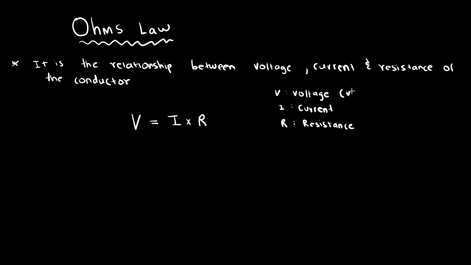The voltage is measured in volts, current is measured in amps, resistance in ohms, right? So what does this mean? What does in simple words this mean? This means that the voltage across a resistor is equal to the current flowing through it.